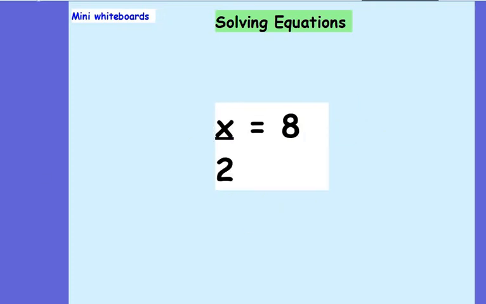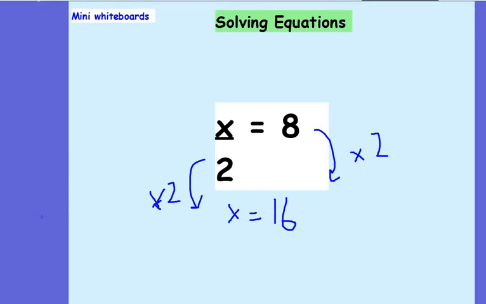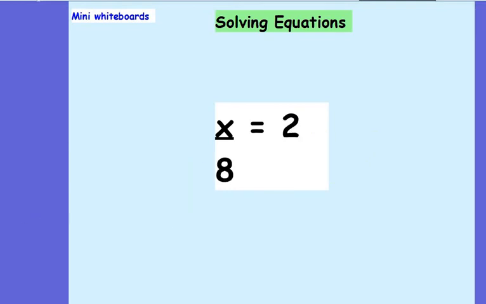Let's do another. What are you going to do now? This time we need to multiply both sides by 2. Timesing both sides by 2 tells me that x is equal to 16. How about now?